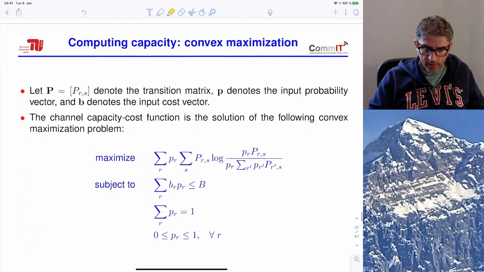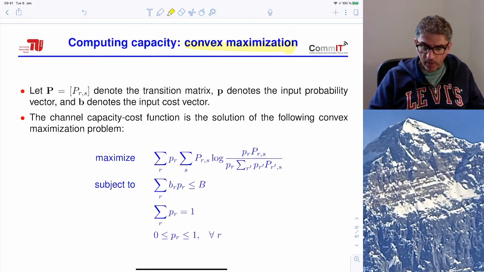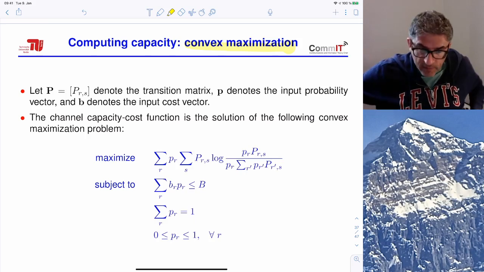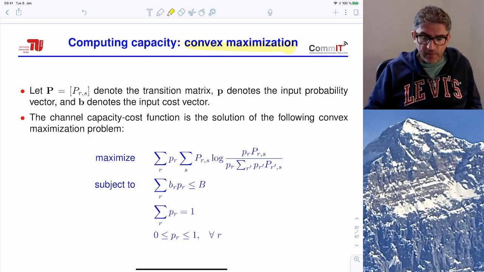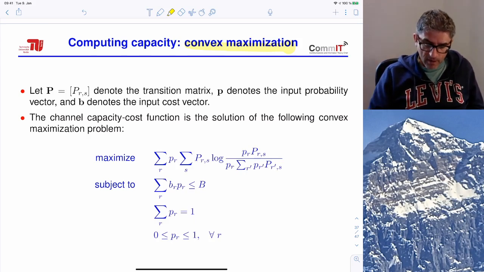Focus on the maximization problem, which is a convex maximization. In particular, I will consider the general problem also with the cost constraint, so we have the whole picture. If you don't have a cost constraint, just remove it from the problem, and you will get the unconstrained capacity, for infinite cost if you want.